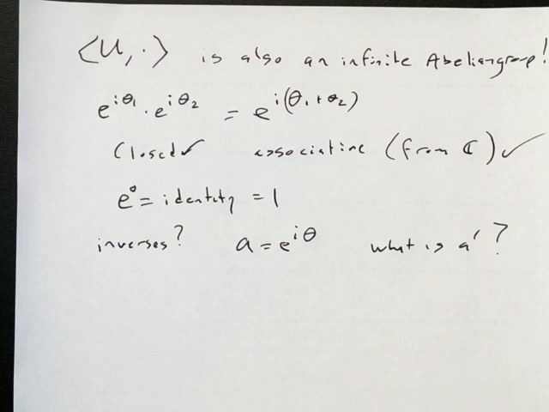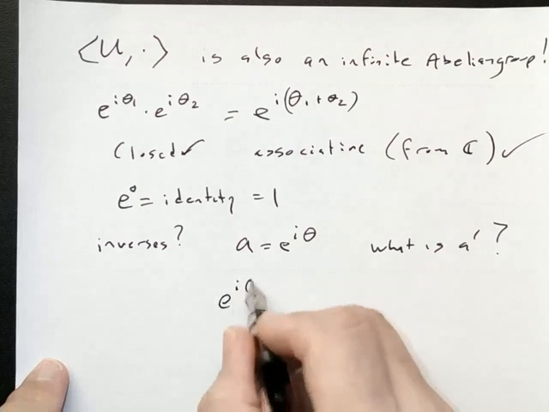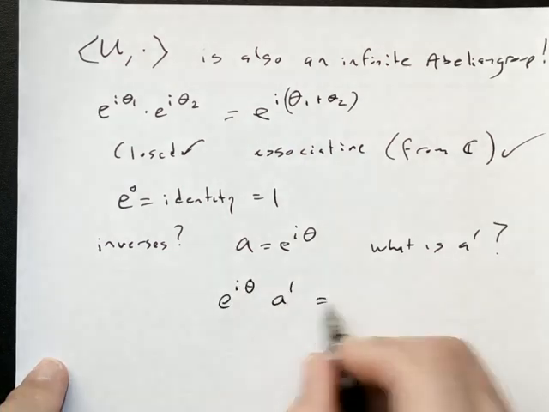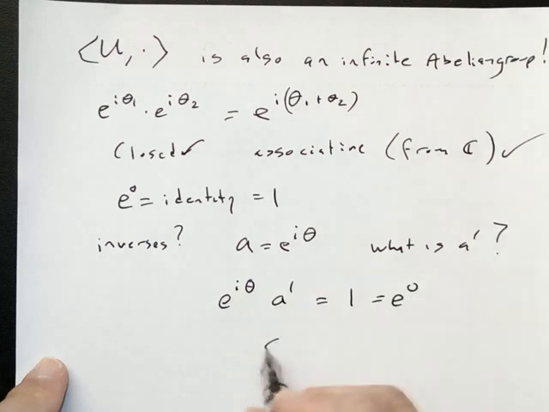A times A inverse should give me 1. And 1 is e to the 0. So I have e to the i theta times the inverse should be 1, which is the same as e to the 0.